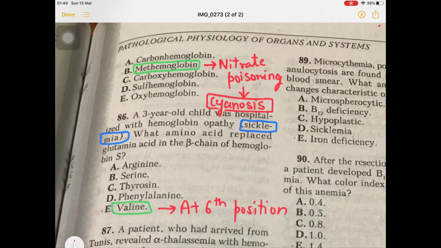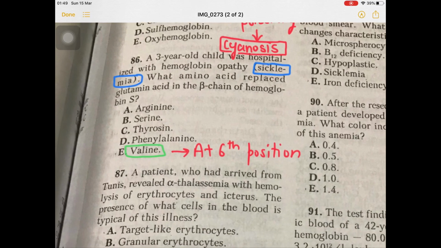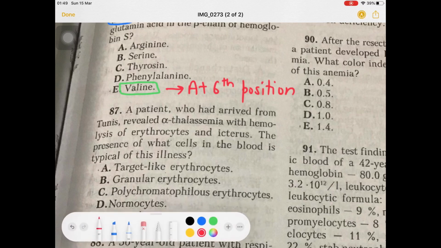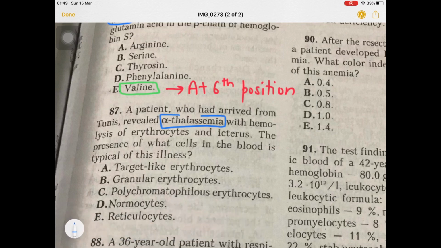Question number 87. In question number 87, they are talking about alpha thalassemia. If you talk about thalassemia, first of all, it comes in the category of microcytic anemia, and we have two types of thalassemia.